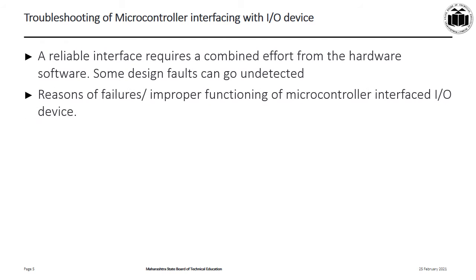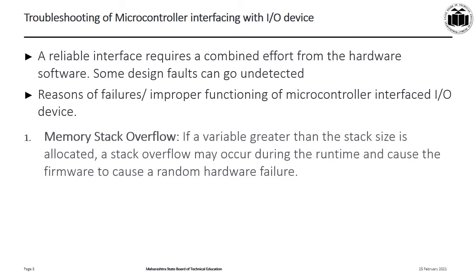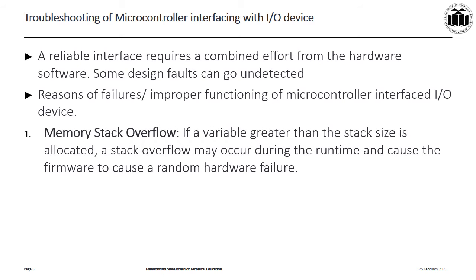The reasons of failure or improper functioning of microcontroller interfaced I/O devices are: first, memory stack overflow. If a variable greater than stack size is allocated, a stack overflow may occur during runtime and cause the firmware to have a random hardware failure.